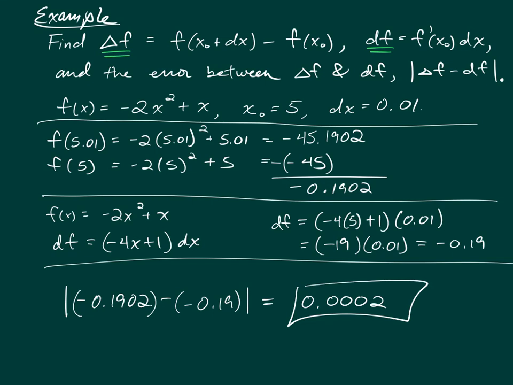There's the error we get using the linearization instead of the actual difference in the y values. So linearization can help make these approximations much easier to compute. Go forth and conquer.